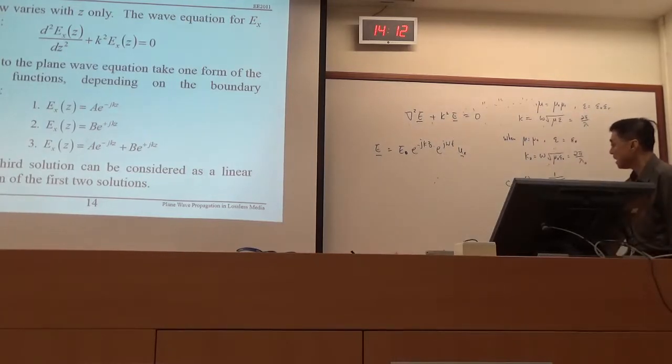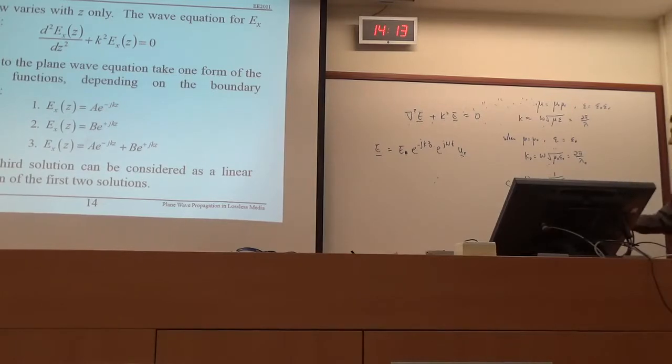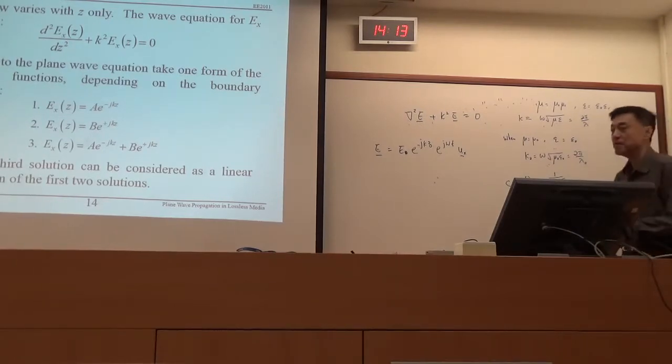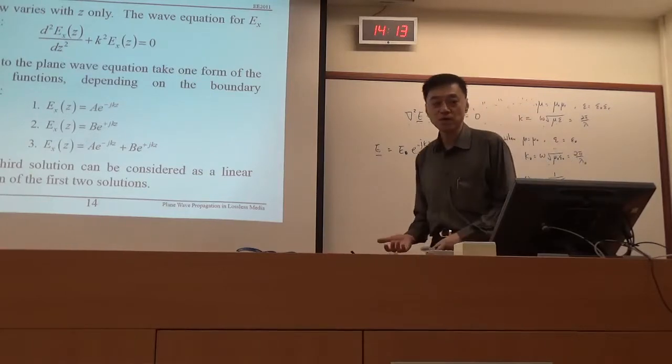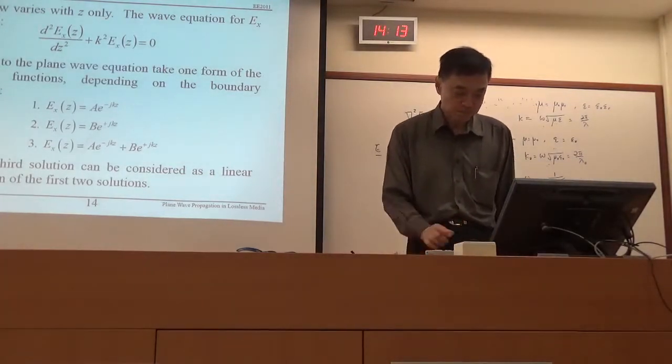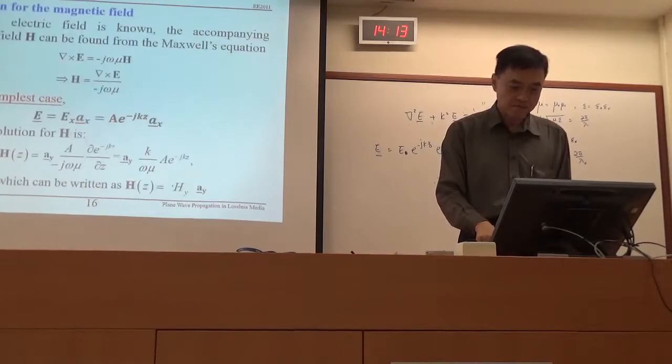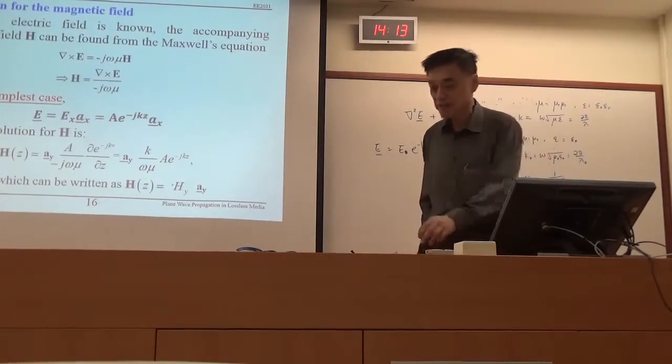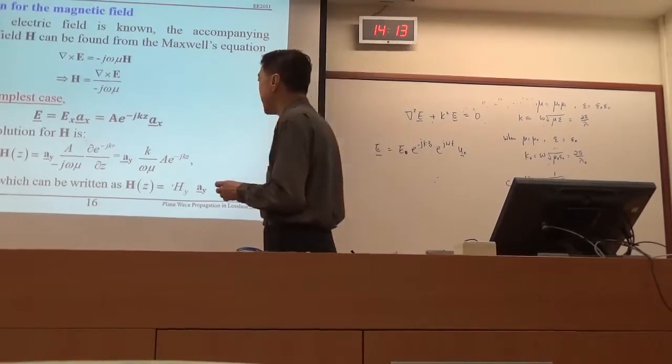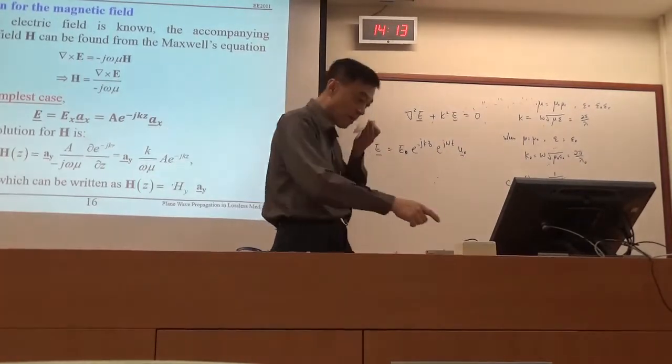And v, which is equal to ω/k, the velocity of the wave in an arbitrary medium, is equal to 1/√(με). Again, μ is μ0 μr, ε is ε0 εr. So this is a summary of what you have so far. I think we stop here.